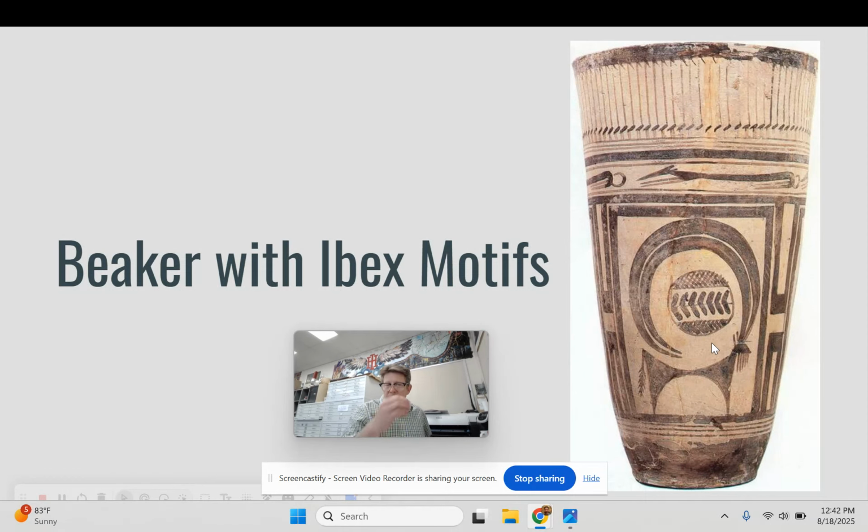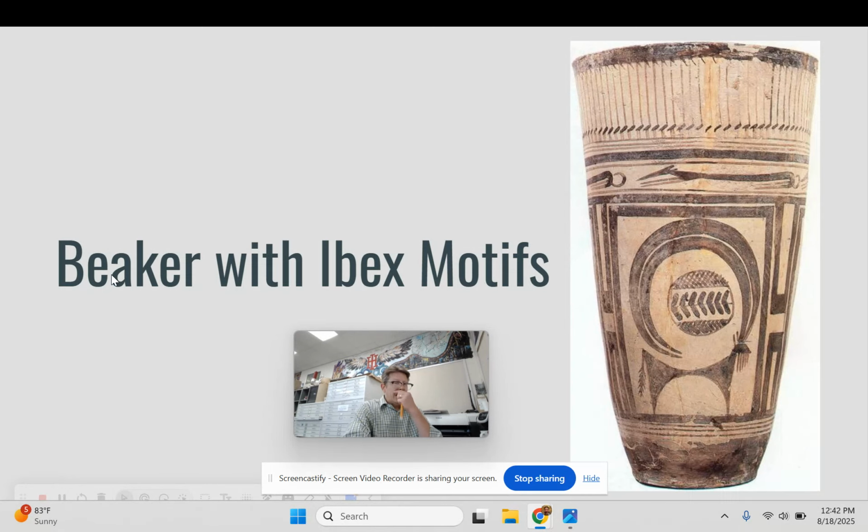Going to look at this and talk a little bit about the vocabulary that we've already gone over and think about what's coming up. So, this is a beaker. It's got a motif on it, this part right here, that looks like the body of an animal with a little beard, and then these really long horns that we suspect is a type of antelope, but it is in fact an ibex-like type of antelope.